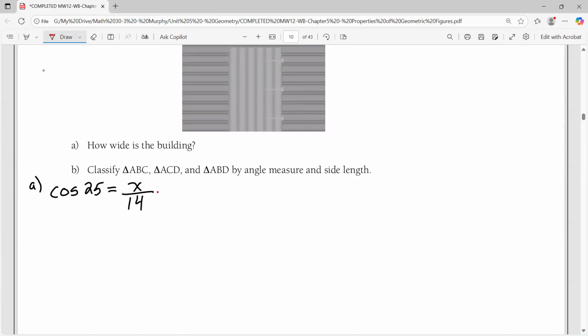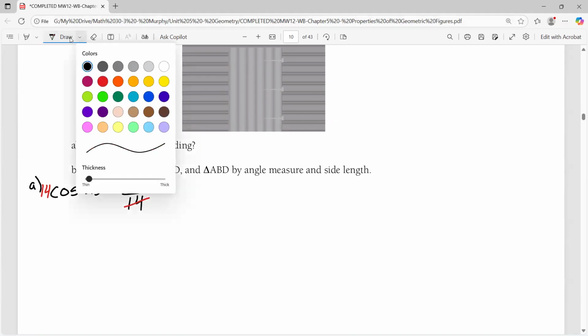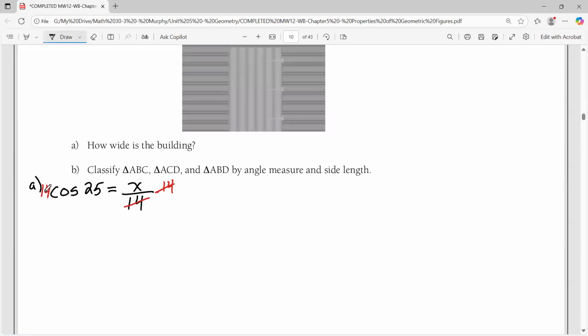Okay, so multiply by 14, 14 over here, and that's gone. And now I have x equals 14 times cosine 25. So 14 cosine 25, and make sure your calculator is in degree mode, and you should be able to punch that in.